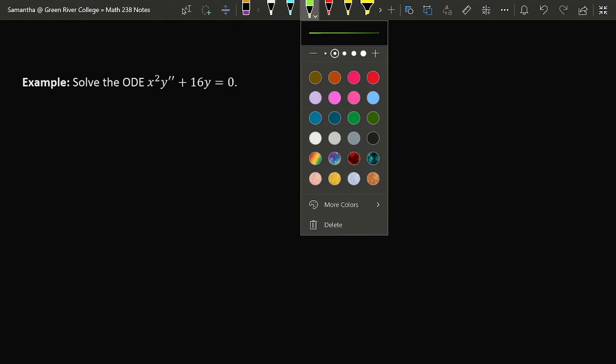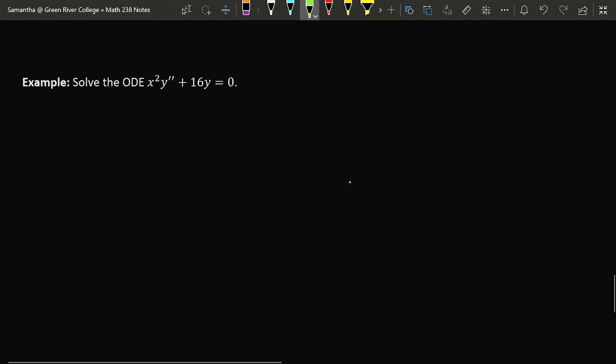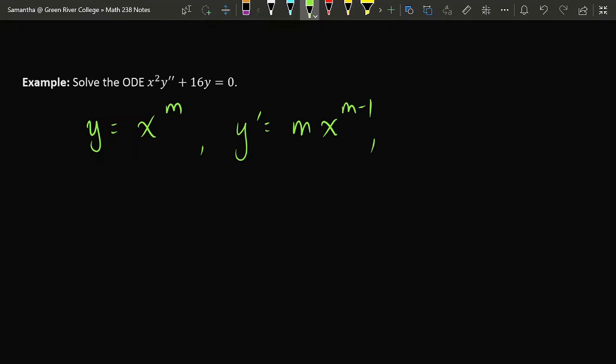Once again, we're looking at a Cauchy-Euler equation, x squared multiplied by y double prime. So we're going to guess that the equation has solution of the form x to the power m, so that y prime brings down an m, and y double prime brings down an m and an m minus 1.